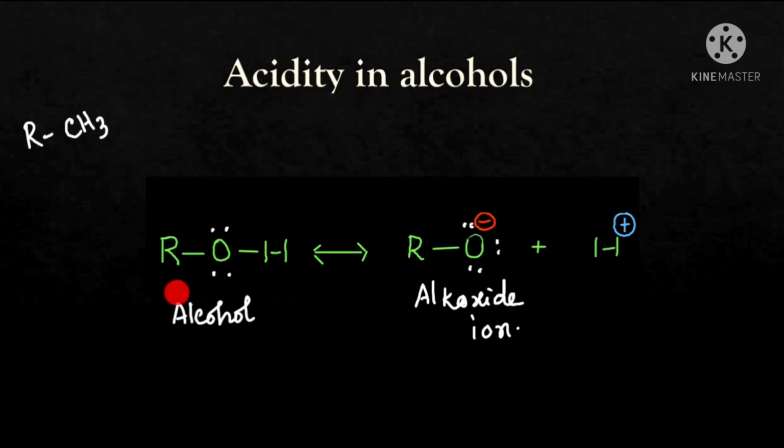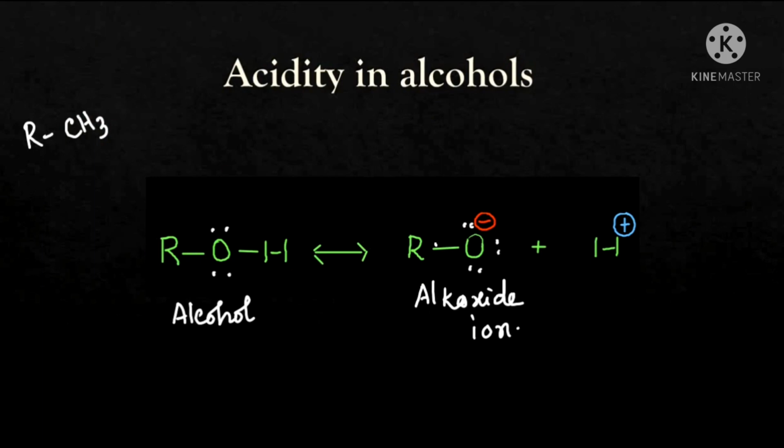In the case of alcohol, the alkoxide ion, which is formed by the release of a proton from the alcohol, is not resonance stabilized, unlike the phenoxide ion. And one more thing: the alkyl group attached to the alcohol is not electron withdrawing, rather it is electron donating. The CH3 group, or whatever the alkyl group may be, is an electron donating group, so it will be donating electrons.